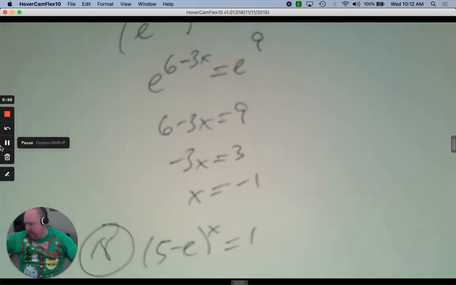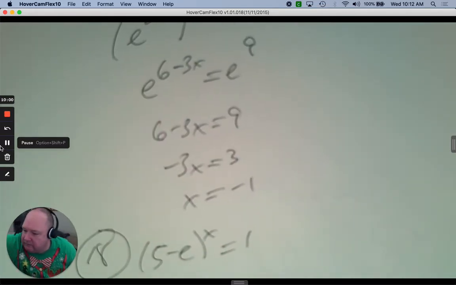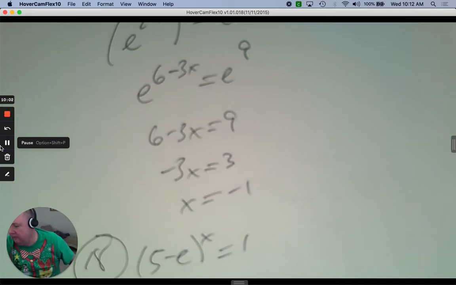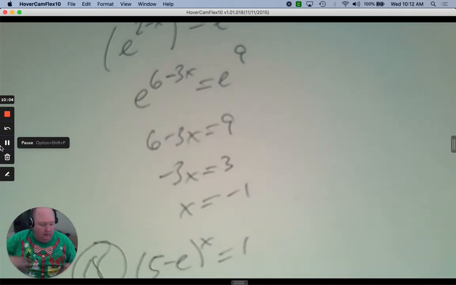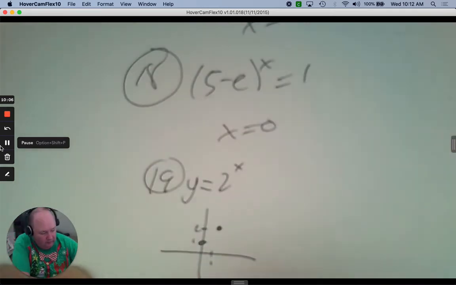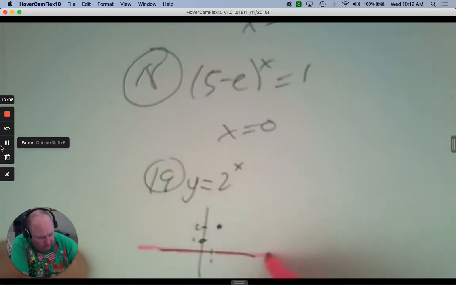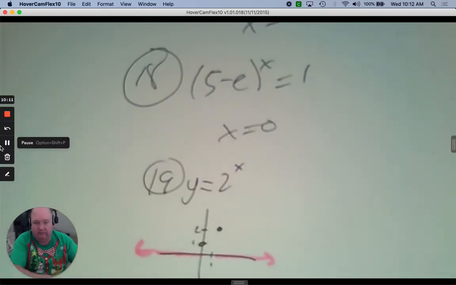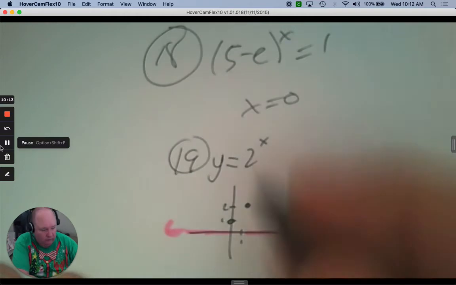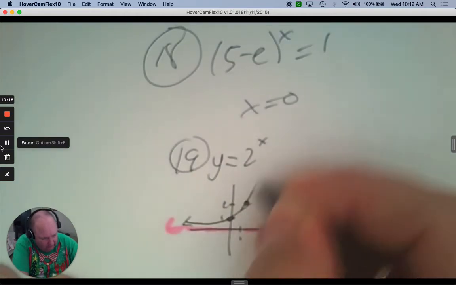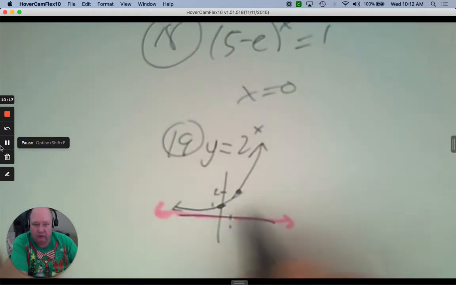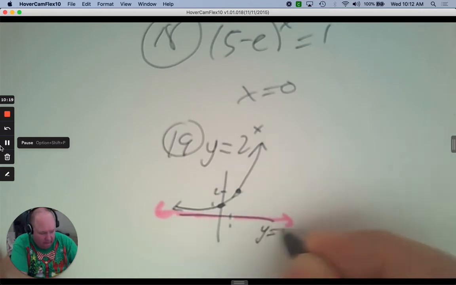I have a highlighter somewhere. Here it is. So there's an asymptote for an exponential right there at 0. And that's the curve of an exponential. So you have 2 points and the asymptote.